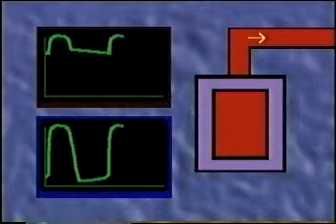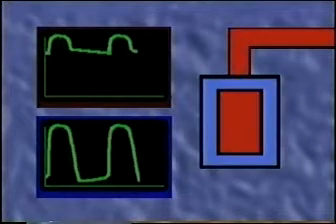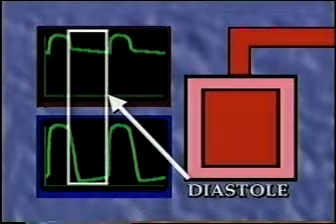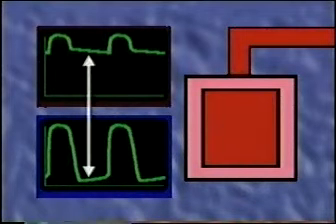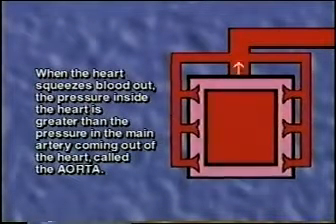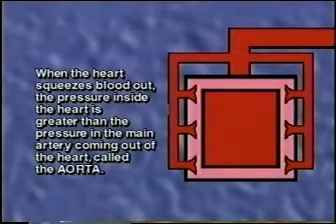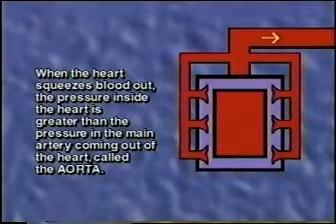The main difference between the pressure curve inside the heart and the pressure curve in the arteries is when the heart is at rest or in diastole. During diastole, the pressure inside the heart falls much lower than the pressure inside the arteries. When the heart squeezes blood out, the pressure inside the heart is greater than the pressure in the main artery coming out of the heart, called the aorta.